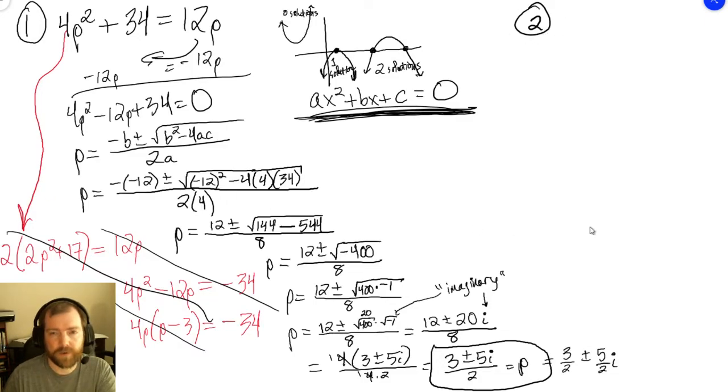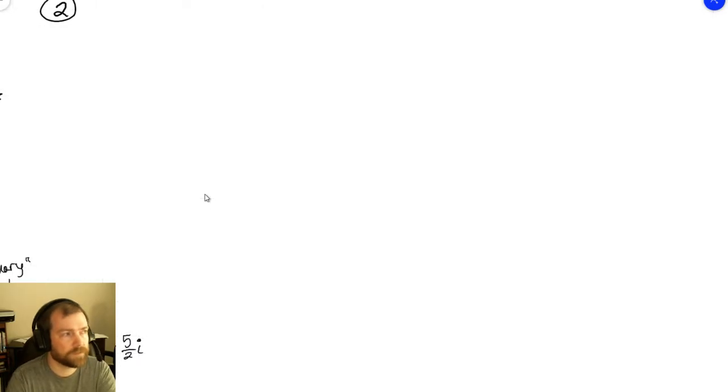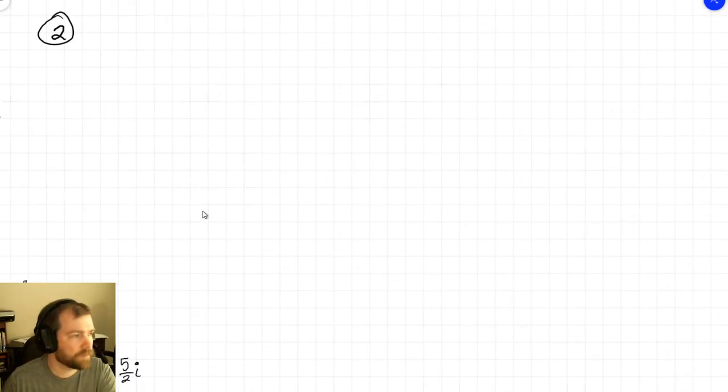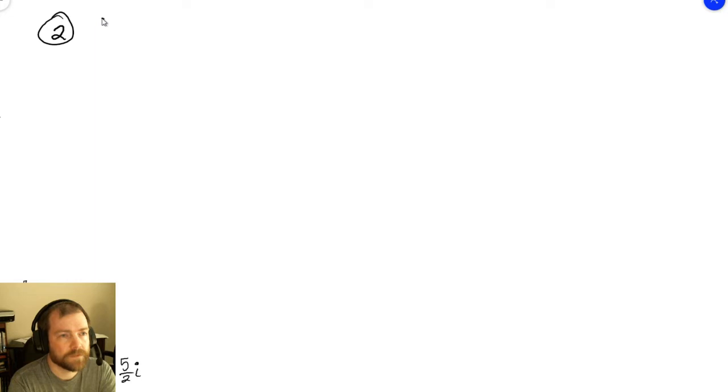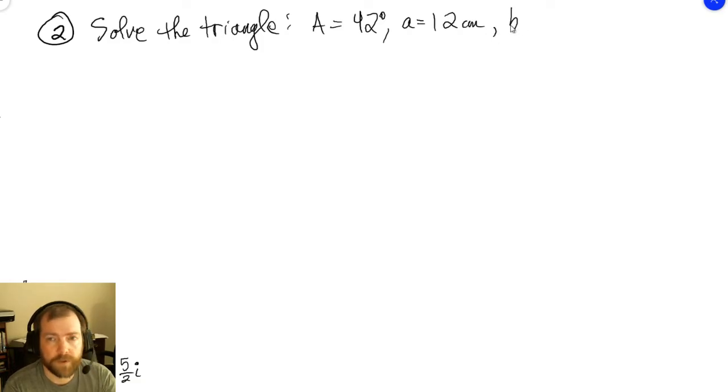Question number 2. Solve the triangle. Capital A is 42 degrees. Lowercase a is 12 centimeters. Lowercase b is 17 centimeters.